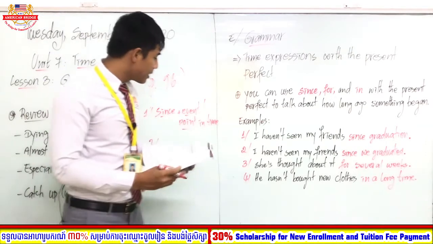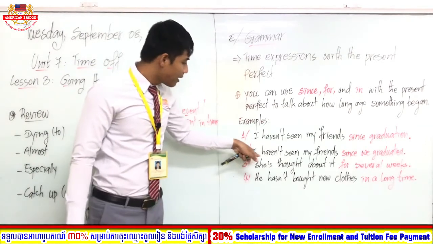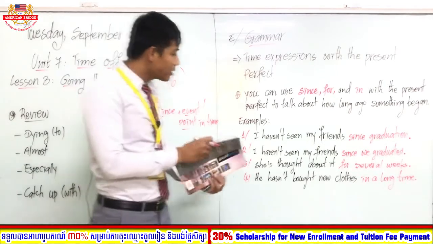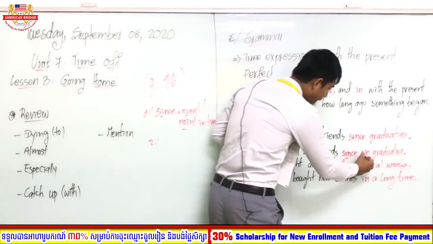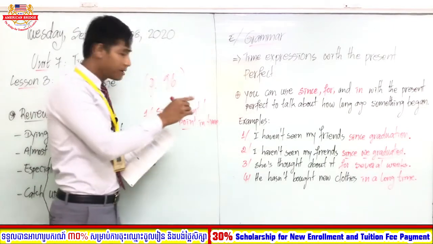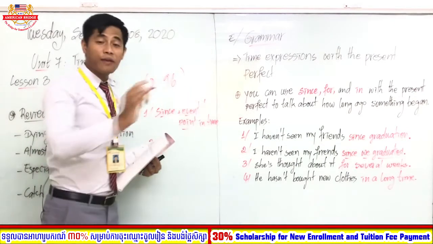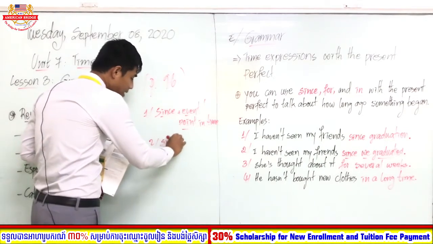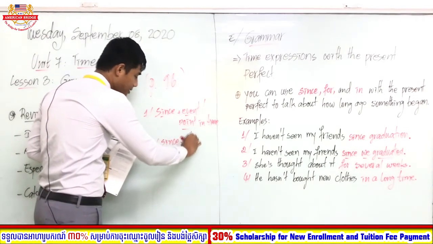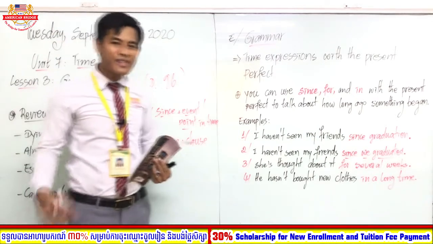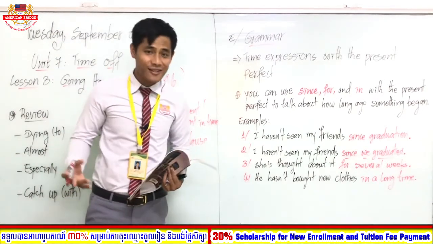Look at example number two again. I haven't seen my friends since we graduated. Students, look at this: since we graduated. Since is used with what? We have a subject and we have a verb. So since plus clause. We have learned about clauses already, right?